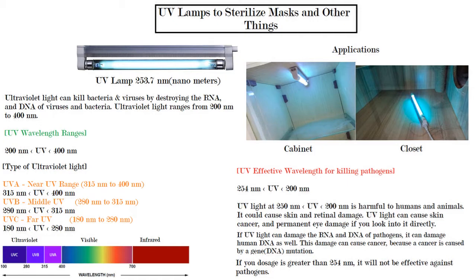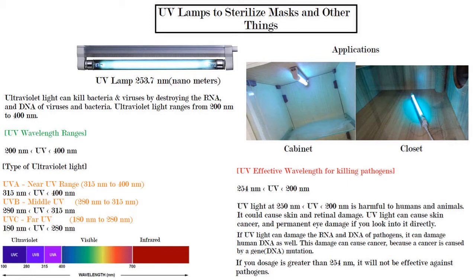So UV light is effective in killing pathogens if it ranges from 200 nanometers to 254 nanometers. We can make it 180 nanometers to 254 nanometers.